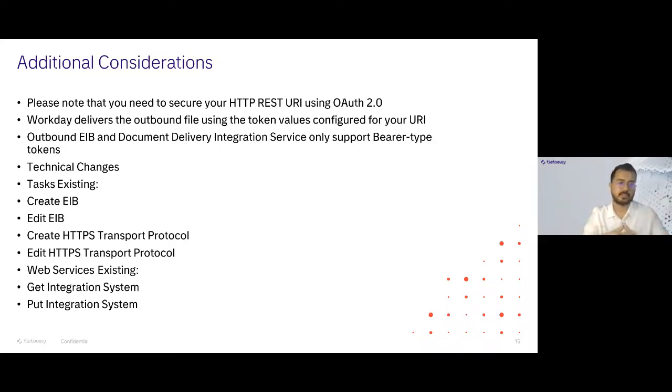The technical changes which we have are the existing tasks, that is create EIB, edit EIB, and we have create HTTPS transfer protocol and the editor. We also have this in web services, and that is the get integration system and put integration system. We have web services coming later in the other features, so there I can give you a brief on what all web services are there.